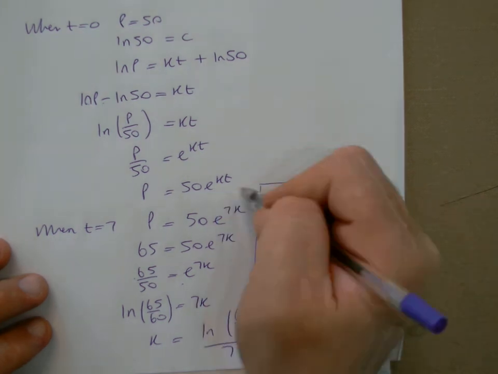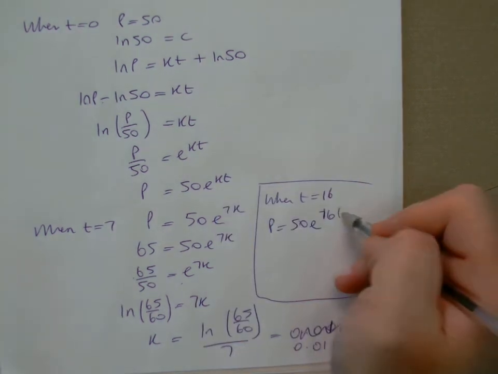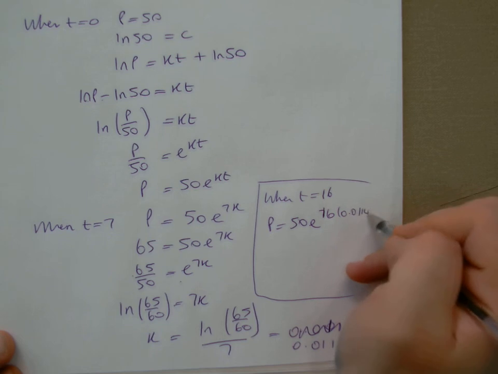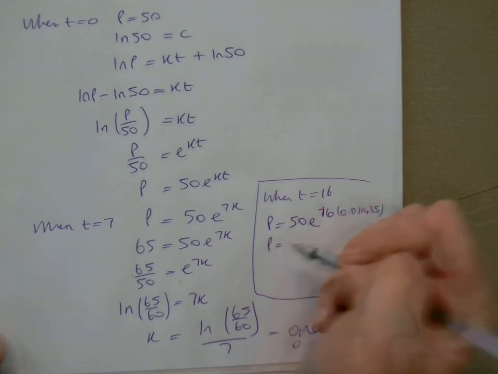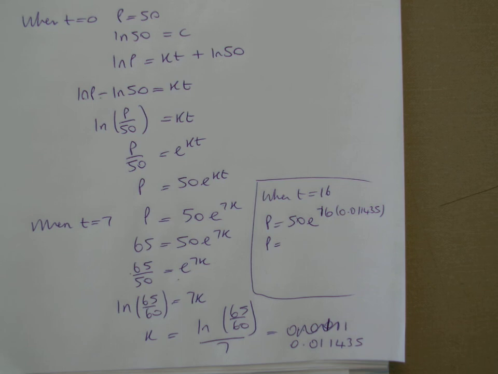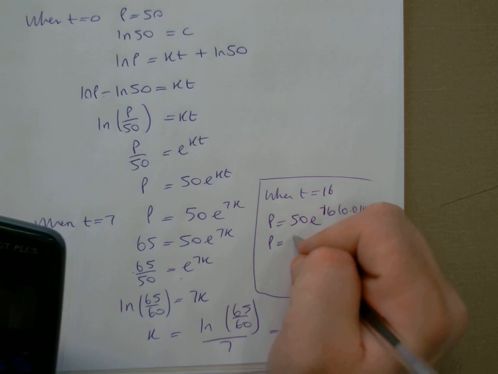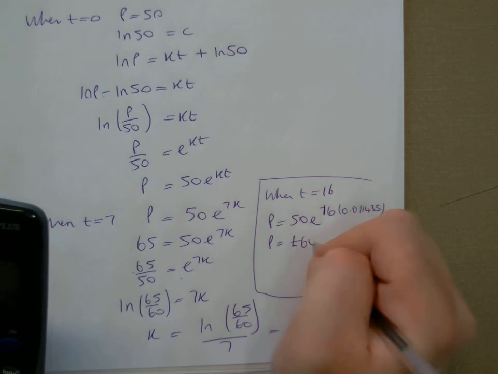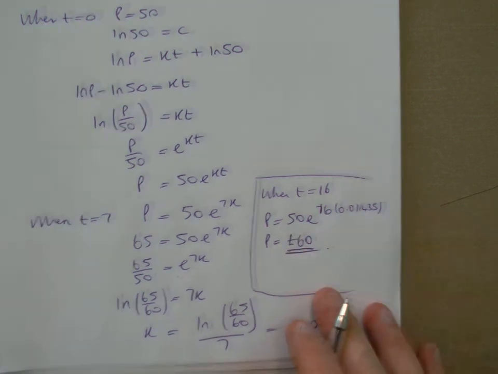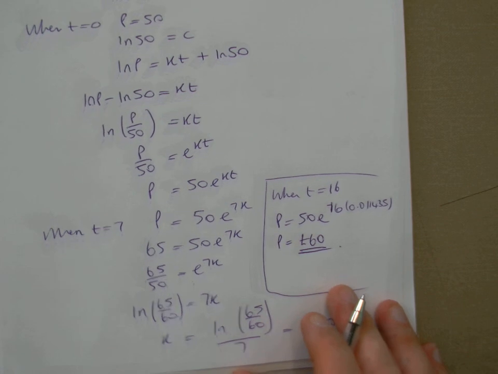So take that formula here, 16 times 0.011435, so P will equal to, okay, that's what I got out. £60.